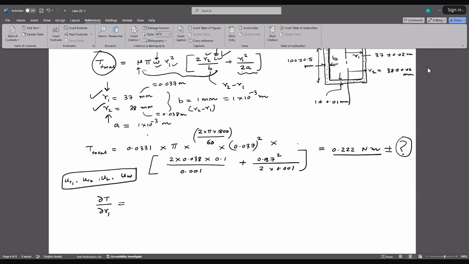So when you find the first derivative, dou T over dou R1, here you have R1 square, so it will multiply and become R1, and here it will become R1 to the power 4.